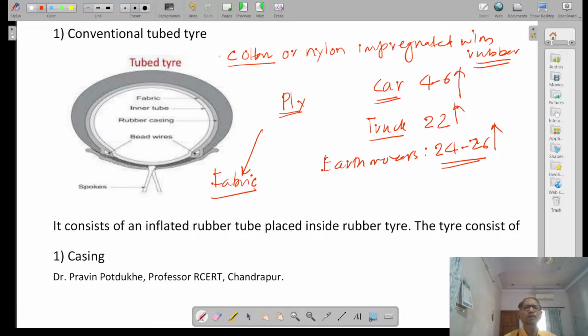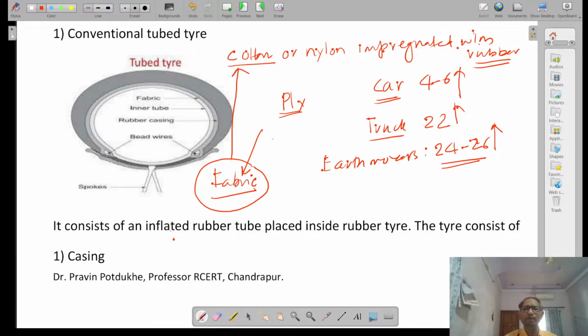So in the conventional tube tire, you have an inner tube, and above the inner tube you have the casing. The casing consists of ply, and ply is made of fabric, which contains cotton or nylon impregnated with rubber.